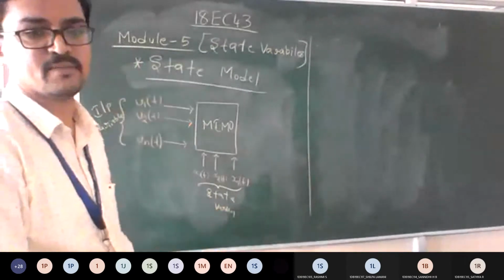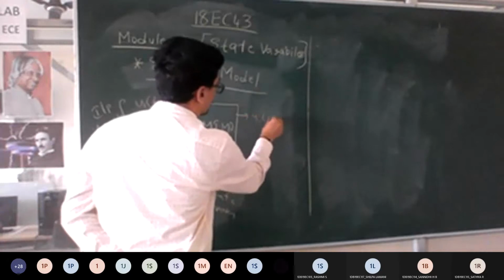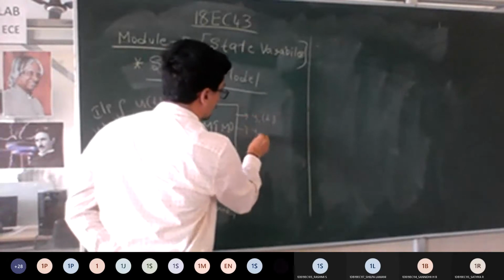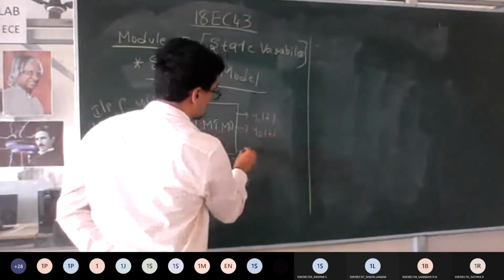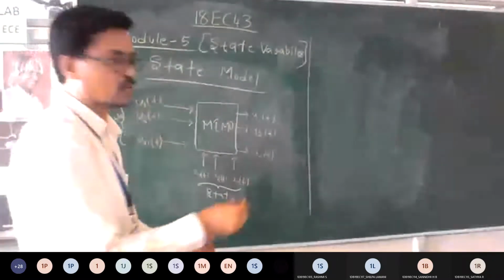And for this system you need to get output, right? The output is represented as y1 of t, y2 of t, so on till yn of t. So this represents output variables.